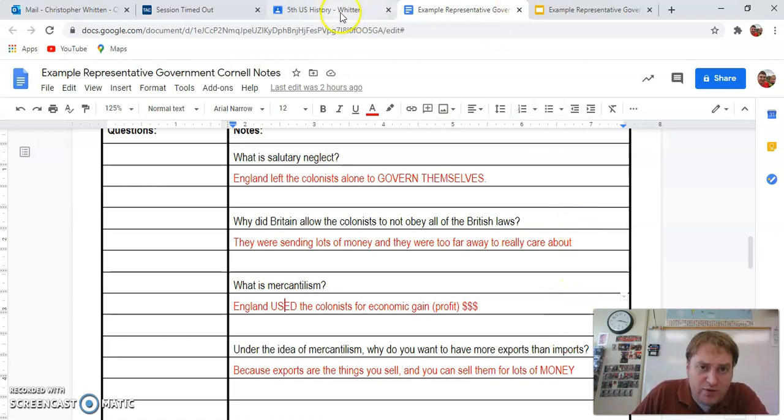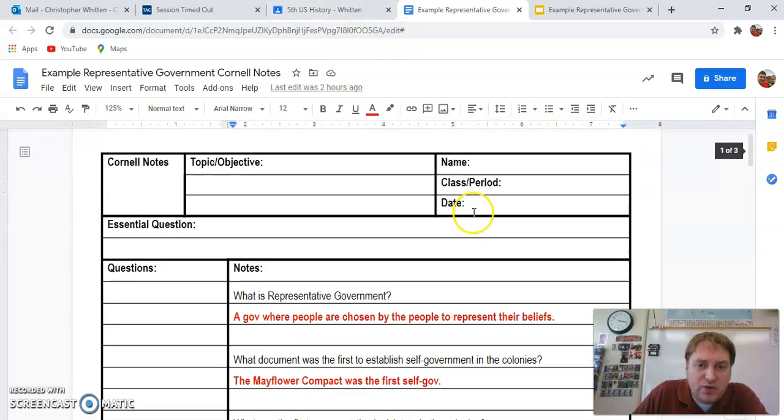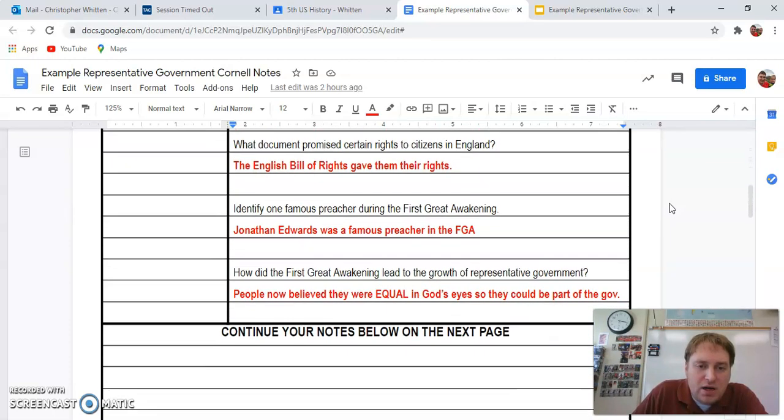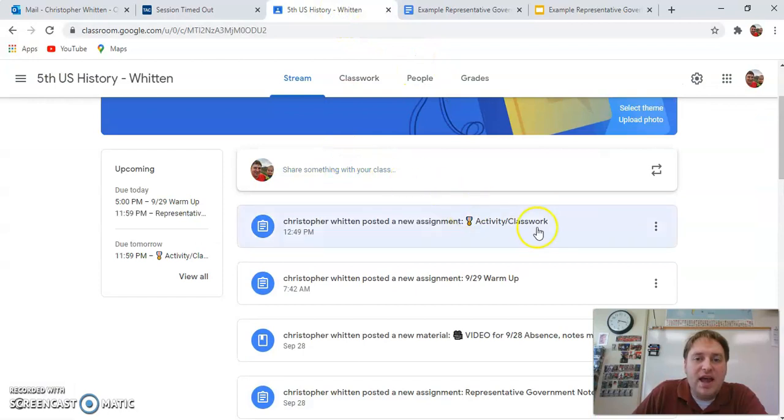And then whenever we finish with the notes here, hopefully you've been able to pause the video and get the notes. And this is for the day before. I don't know if you missed that in the video, but I'm going to hold that there for you for a second. And then I'm going to move on to that part. So you should have that ready to go. You're going to click on the next activity classwork, the one that I released today, 9/29.